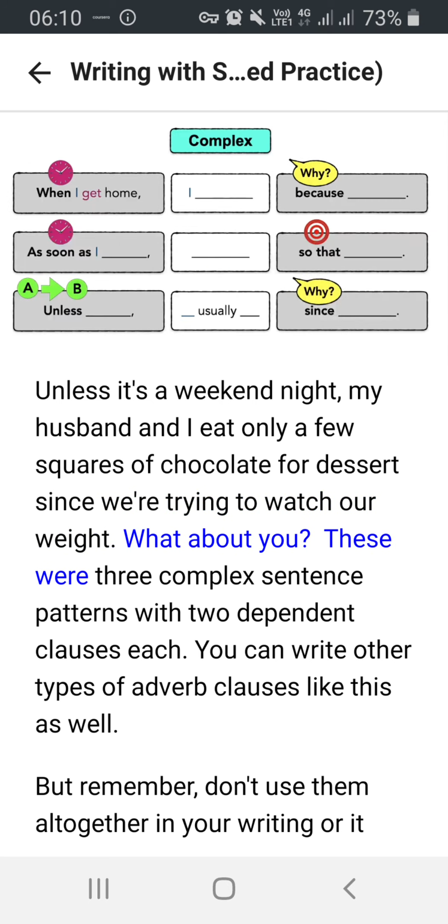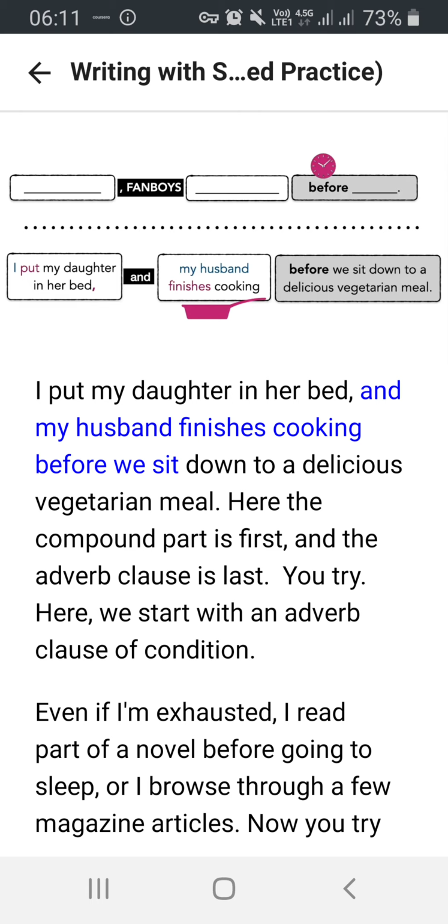I put my daughter in her bed and my husband finished cooking before we sit down to a delicious vegetarian meal.